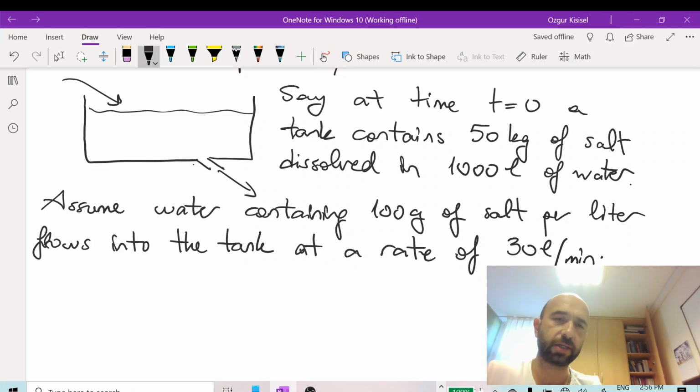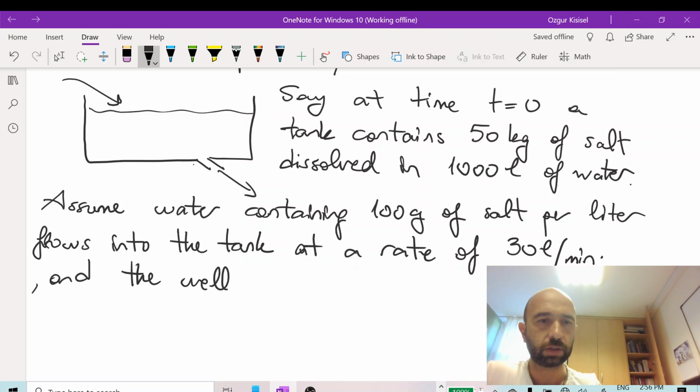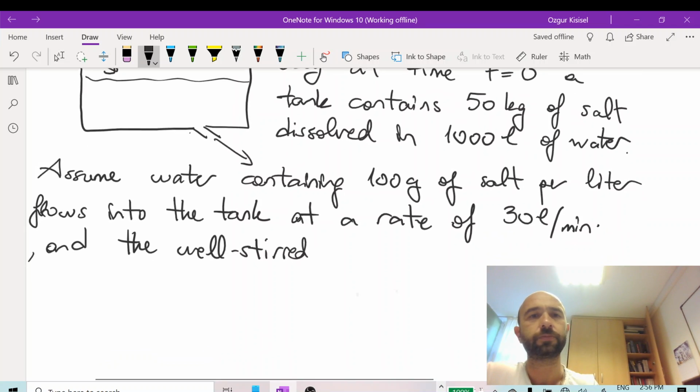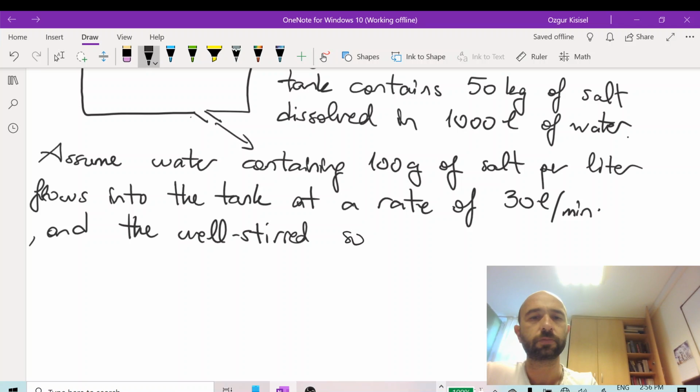Okay, suppose the tank is mixed well, and let me continue. The well-stirred solution leaves the tank at the same rate.